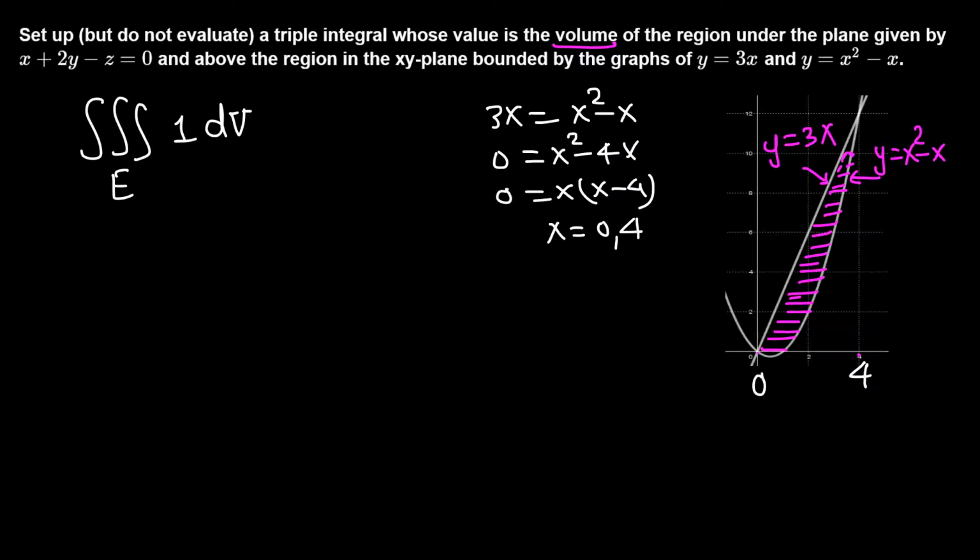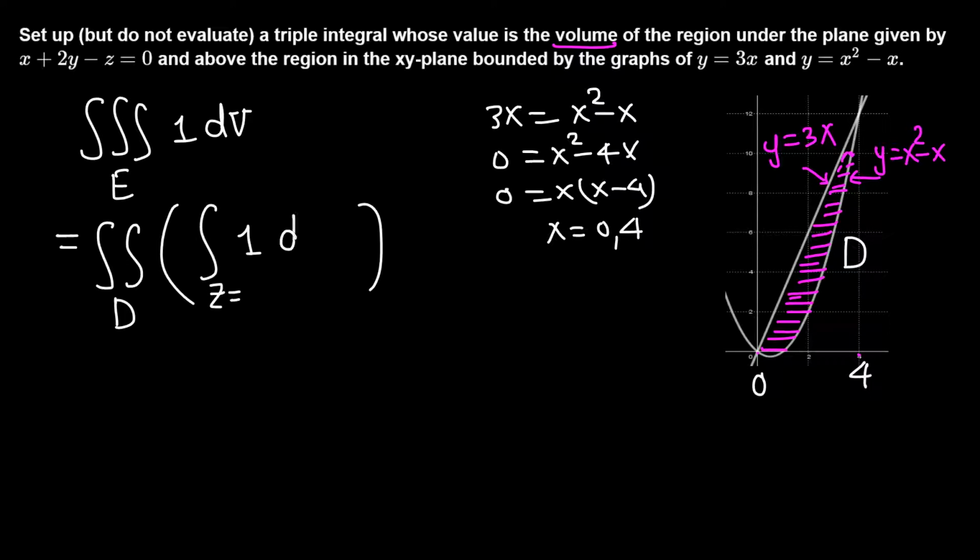Now this triple integral is always the same as we have the region D, that's this region, and we have bounds for z, the function is 1 dz, and outside, in terms of area, change in area, dA.